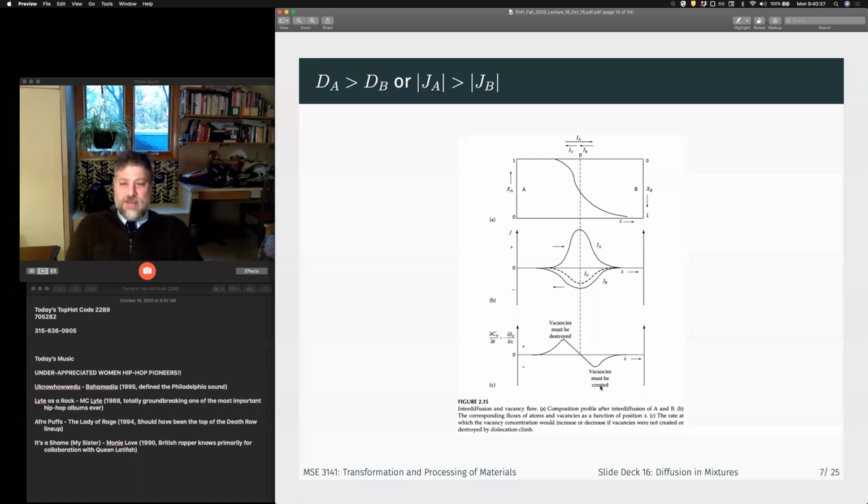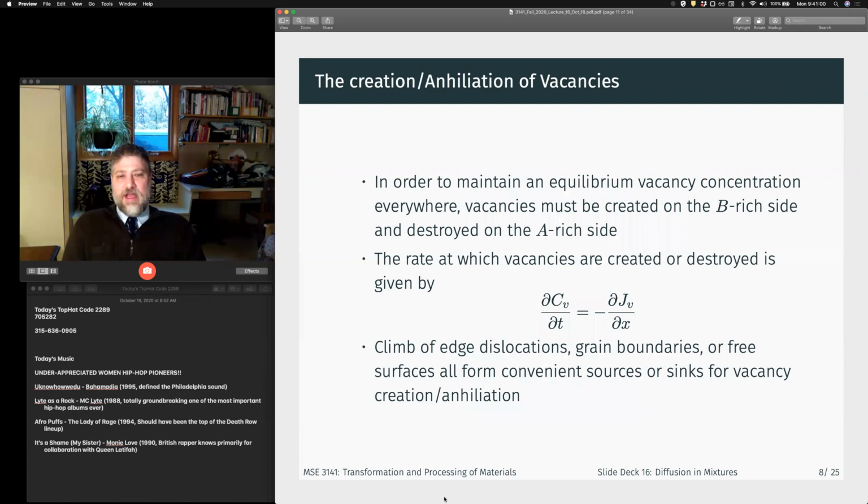Have you guys talked about generation of point defects? Anybody? Well, so cold working is going to generate dislocations, not necessarily vacancies.